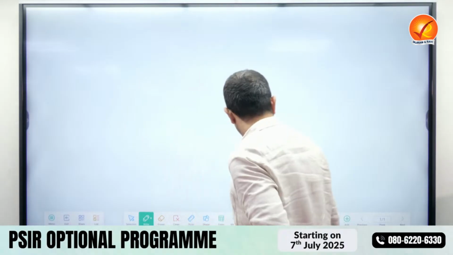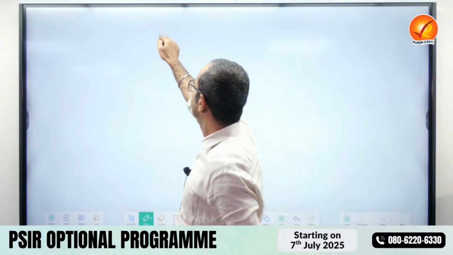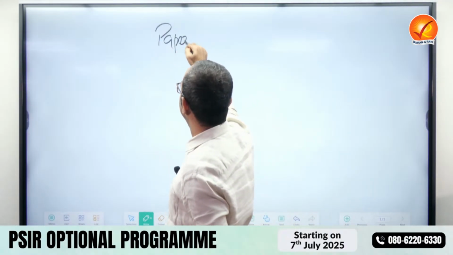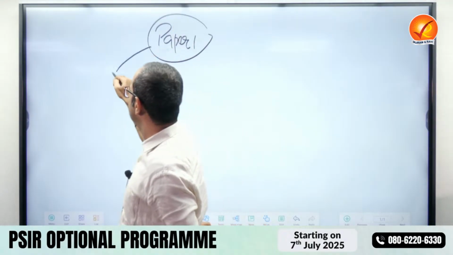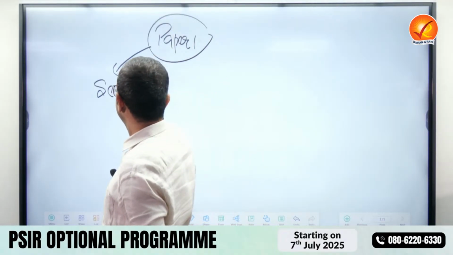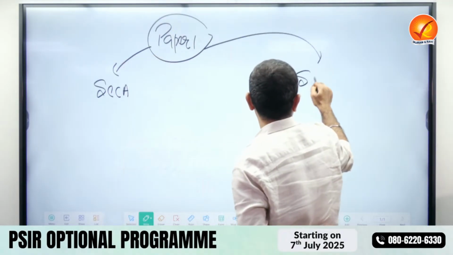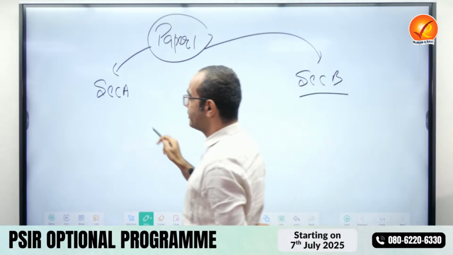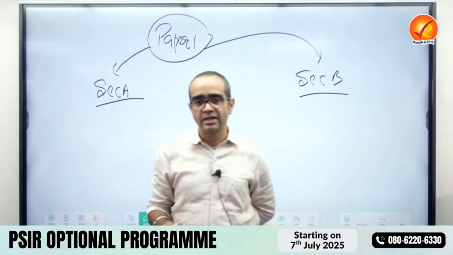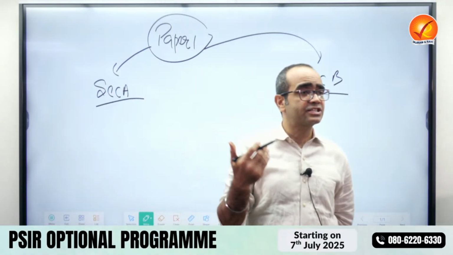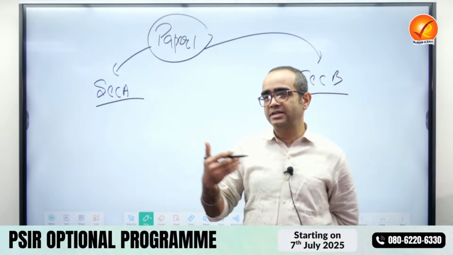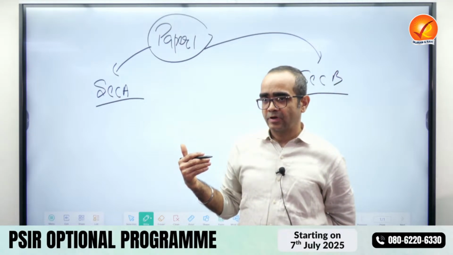Now, paper 1 is basically divided into section A and section B. All of you refer to page number 6 and page number 7. On page number 6 it is section A, and on page number 7 it is section B of the first handout.